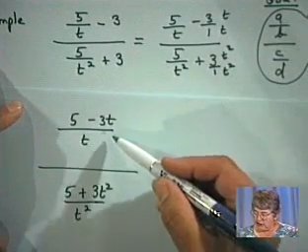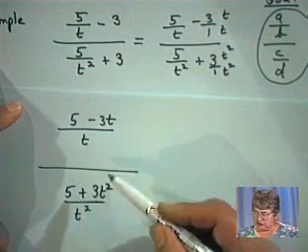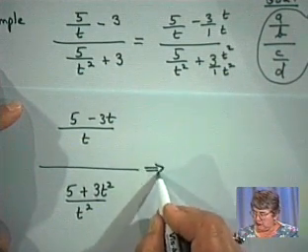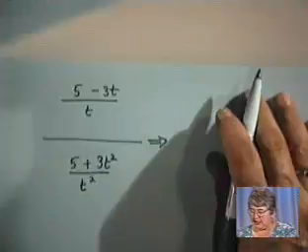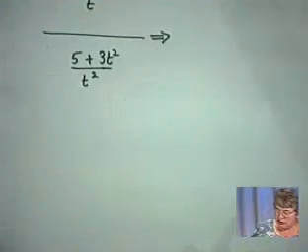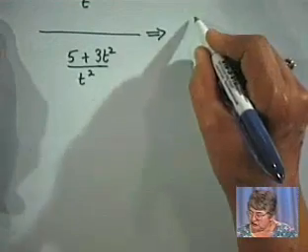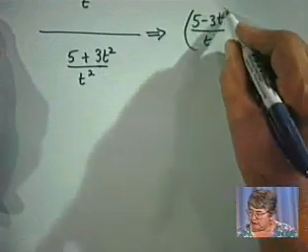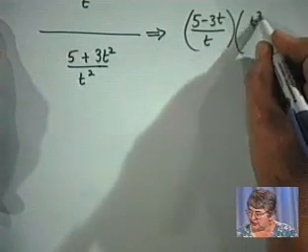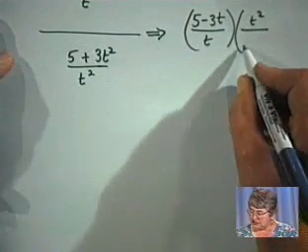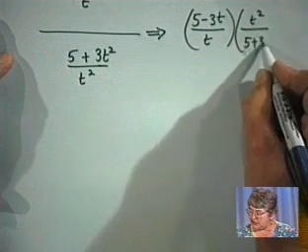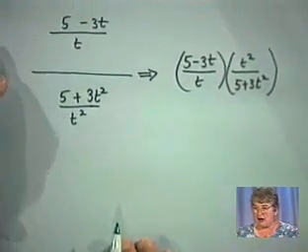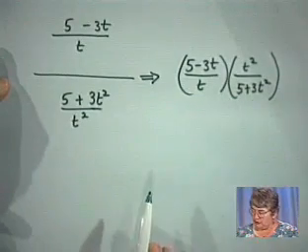Now we're left with one rational expression in the numerator over another rational expression in the denominator. And so now we can simplify by dividing: the numerator will now be multiplied by the inverted expression in the denominator, which is t squared over 5 plus 3t squared. Once again, we have now a product of two rational expressions.